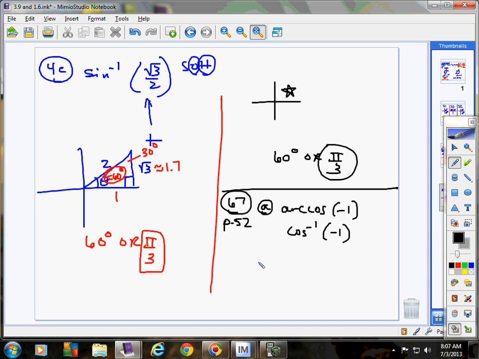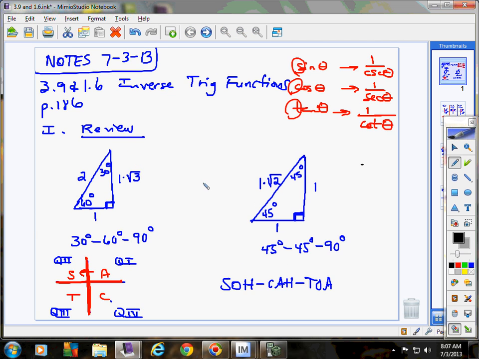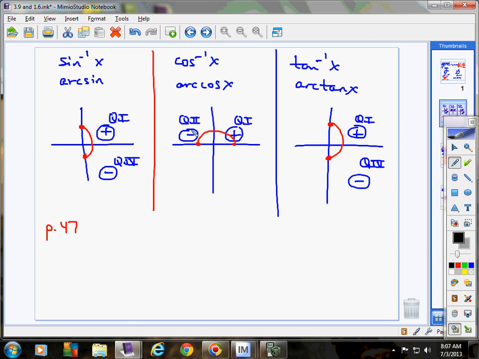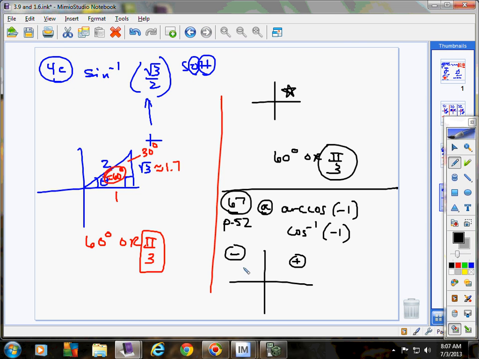All right, inverse cosine. Which 2 quadrants do we think about for it? It's always 1, and this time it's 2, right? 1 positive, 2 negative. We got a negative. So it looks like we're in quadrant 2, doesn't it? All right, so we draw a triangle in quadrant 2.